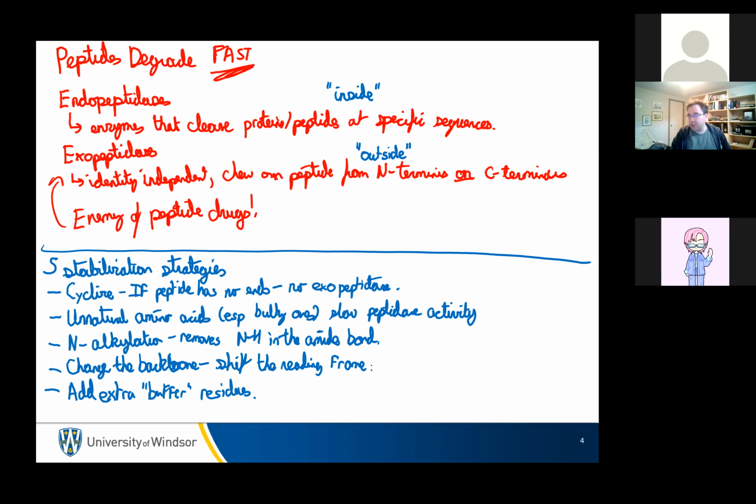So let's think about some of these. I'm going to actually start with N-alkylation, mostly because it's the easiest. There are two different types of alkylated peptides.